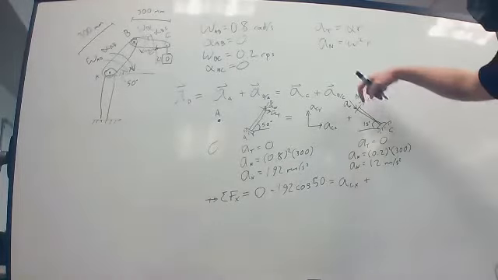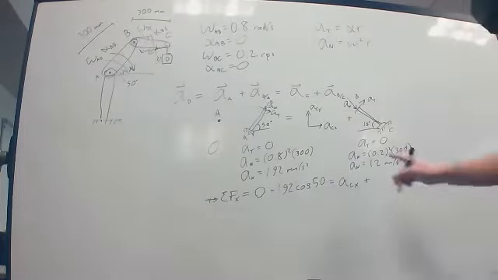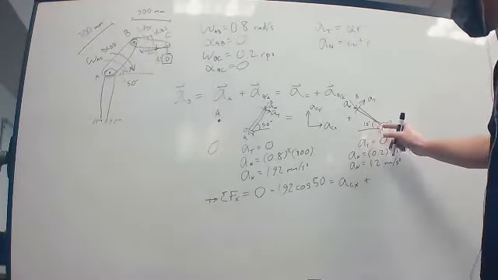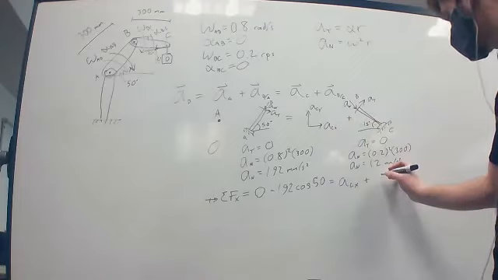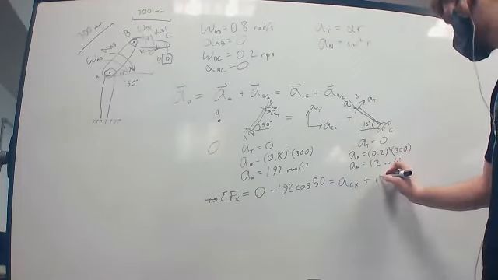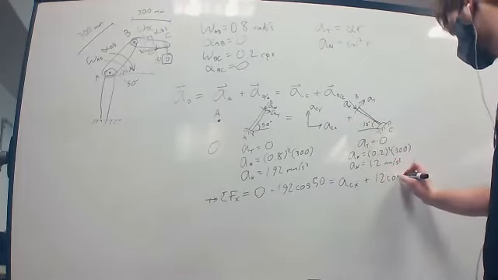We'll say plus because AN here is going down into the right. So plus this way, cosine of 15 would give us the horizontal component. So this is going to be 12 cosine 15.